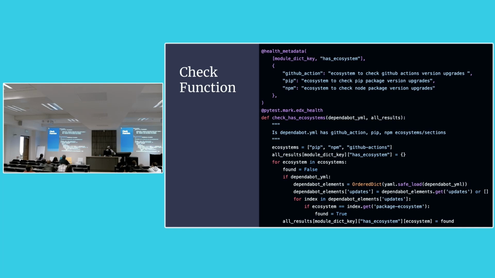At the bottom of the screen, you can see the all results dictionary being updated. This is the required part. We have to update the dictionary and store the result in that dictionary, and at the end of the check run, this dictionary is stored into a YML file and then squashed later into the CSV file.